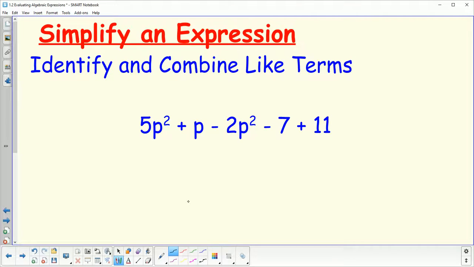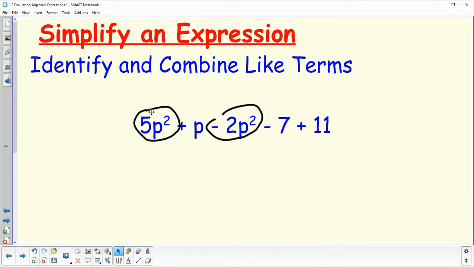Moving on, then our next one, if we want to identify and combine like terms, so we're simplifying the expression here. Just like we've always done in the past, we can only combine like terms. So we have a p squared, and we need to remember that that is different than p. And the other thing we need to remember is that the symbol in front of the term is what we need to use. So this really shouldn't be looked at as 5p squared minus 2p squared, which is going to give us a 3p squared.